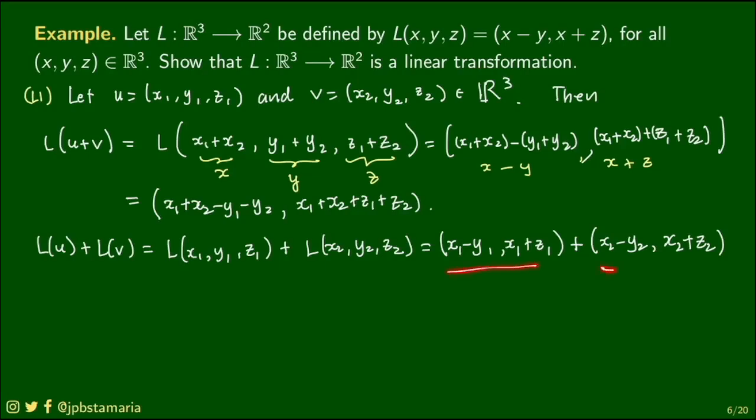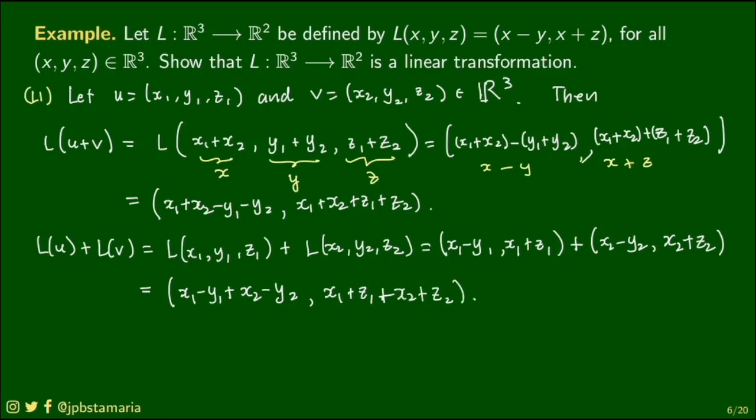Now, when you think of this as vectors from R2, this addition meant component-wise addition. Therefore, this simplifies to (x1 minus y1 plus x2 minus y2, x1 plus z1 plus x2 plus z2).